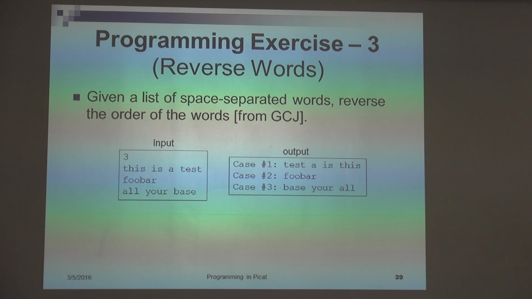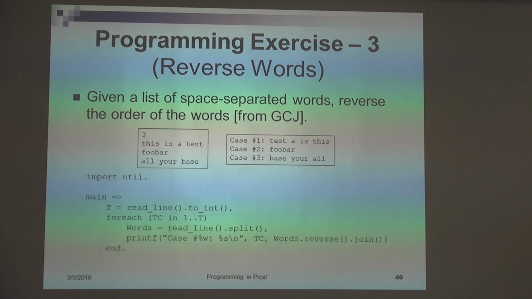All right, let's consider this Google Code Jam problem. Given a list of space-separated words, reverse the order of the words. Here are test cases, and here are the required outputs. So what we can do is write a program this way. Use read_line to read a line, and use split to integer, to change the string to an integer. So this is the number of test cases.